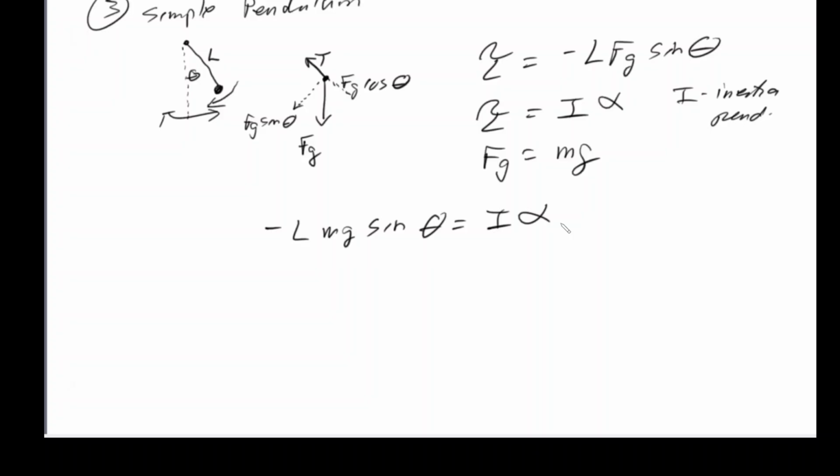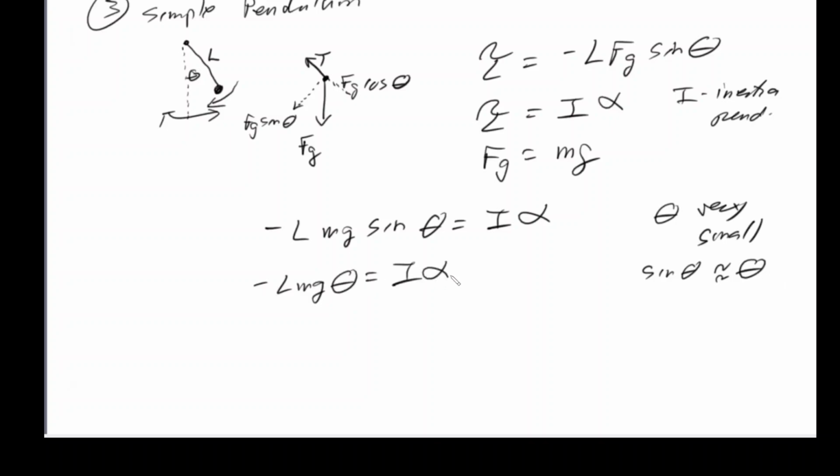Now, we're going to assume that theta is very small, because when we do that, then sine theta approximates theta. So if we do that, we then get minus L mg theta is equal to I alpha, or alpha is equal to minus mgL over inertia times theta.